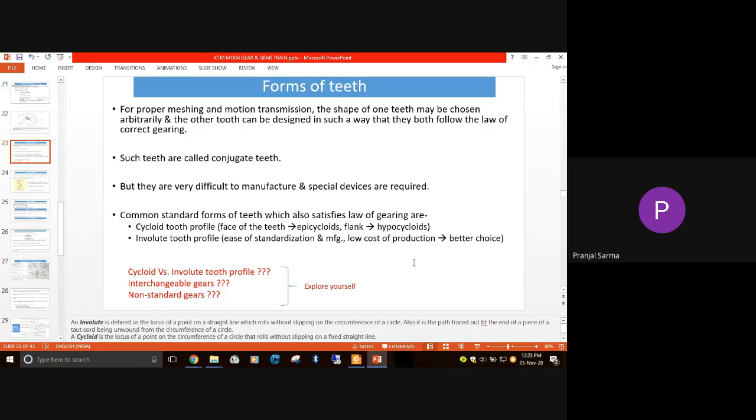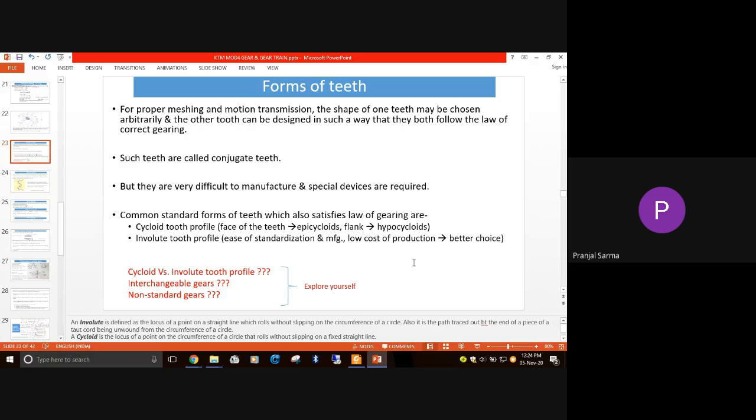Even though both choices, the cycloid tooth profile and the involute tooth profile, are standard forms and satisfy the law of gearing, the satisfaction of the law of gearing is our prime concern. If a pair of teeth follows the law of gearing, then I can say they will be in proper mesh and we can use that profile for a particular job.